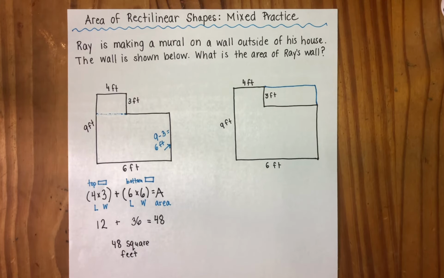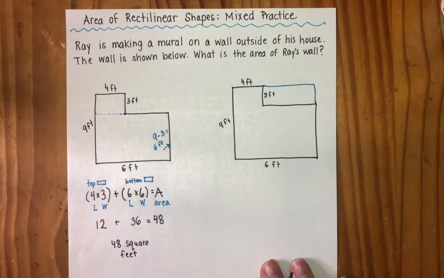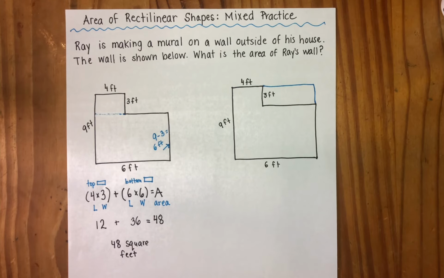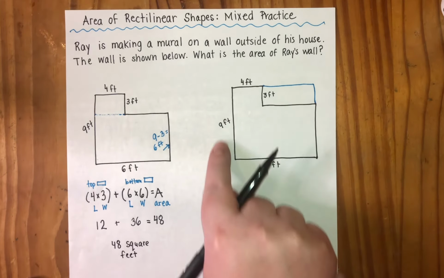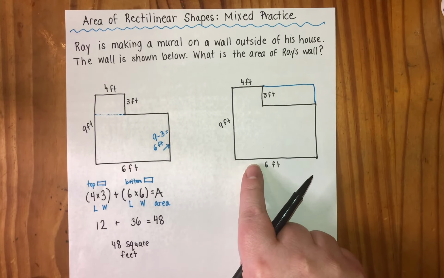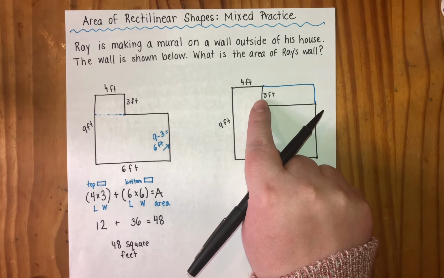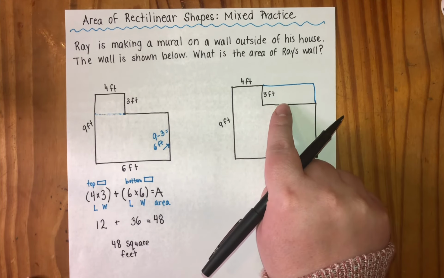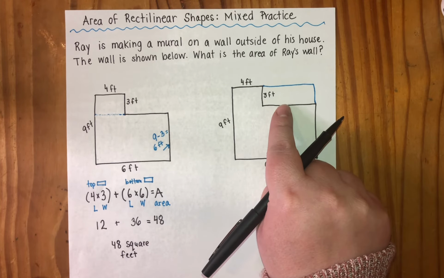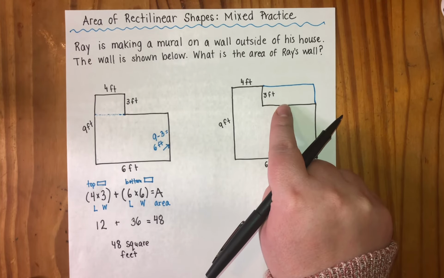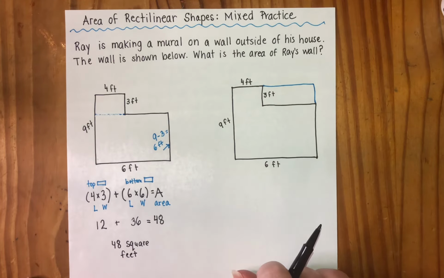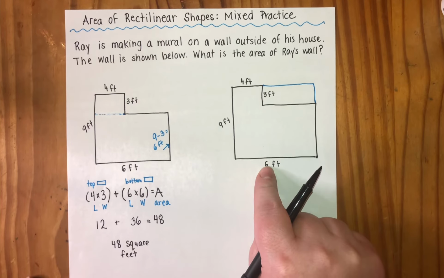Yes, we can see that the length and width of the larger rectangle are 9 feet and 6 feet. For the smaller rectangle, we could see the width is 3 feet. But we don't know the length. Since we know that opposite sides of a rectangle are always equal, we see that the length on the bottom is 6 feet.